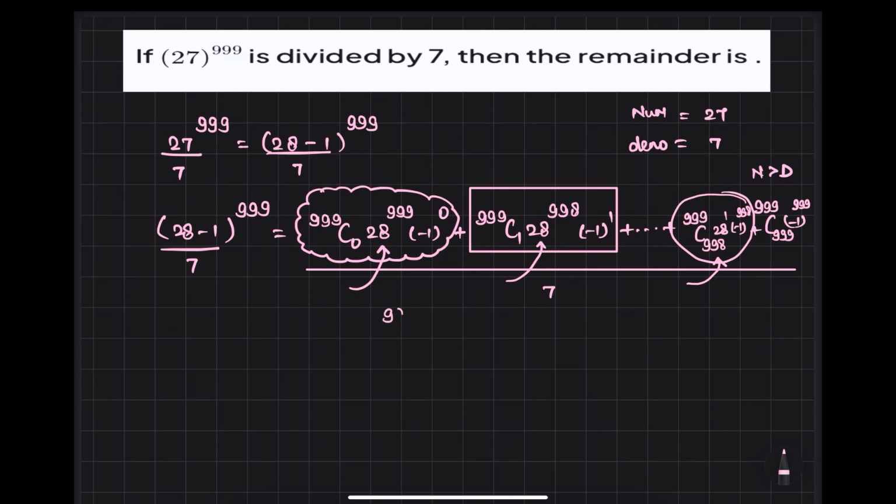The last member is triple nine C triple nine minus 1 power triple nine, which is not divisible by 7. Now triple nine C triple nine is 1, and minus 1 power odd is minus 1. So if we divide 27 power triple nine by 7, we will have remainder as minus 1.